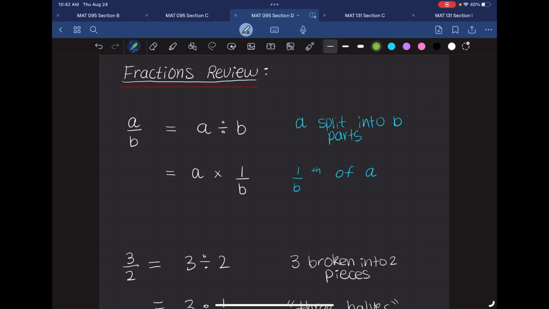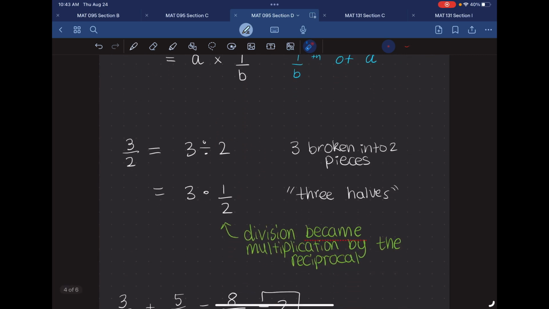If you notice, when I had A over B, I said we can interpret this as A divided by B, which is also the same as A times 1 over B. When I was dividing by a number B, I can interpret it as actually multiplying by its reciprocal, 1 over B. So dividing by B is the same as multiplying by 1 over B. Similarly here, I have 3 divided by 2, and that became multiplying by 1 over 2.